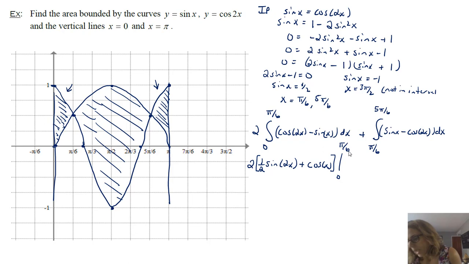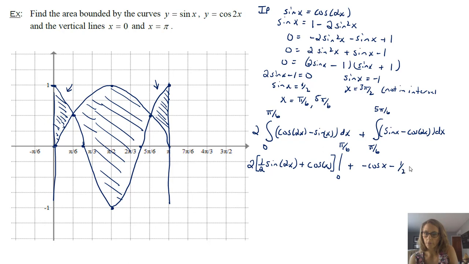Okay. Then we have our second integral, and that's just going to be the antiderivative of sine. So you're going to have negative cosine of x. And then the antiderivative of cosine is sine, but you have that negative there, so you're still going to have that negative.